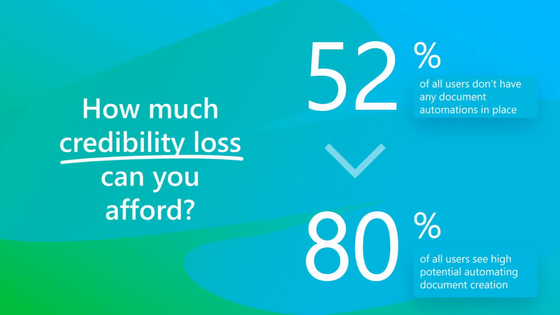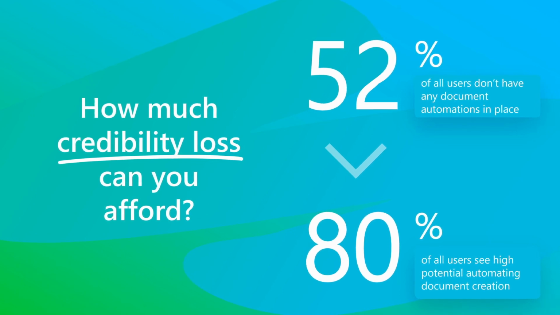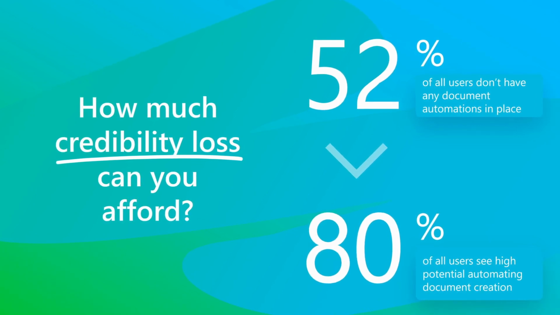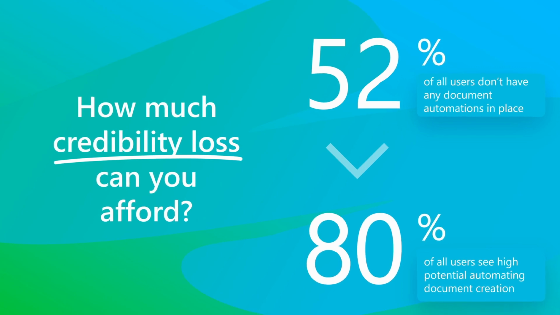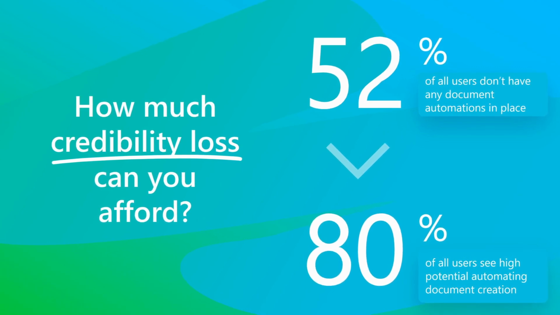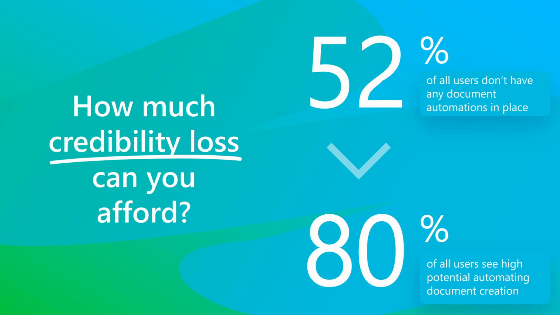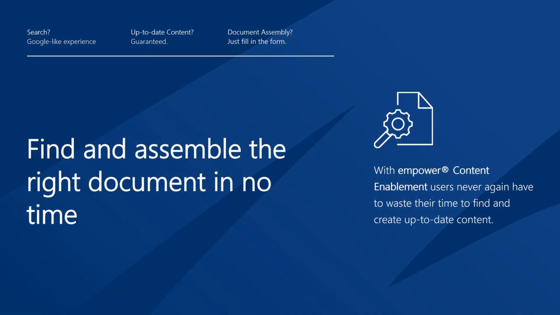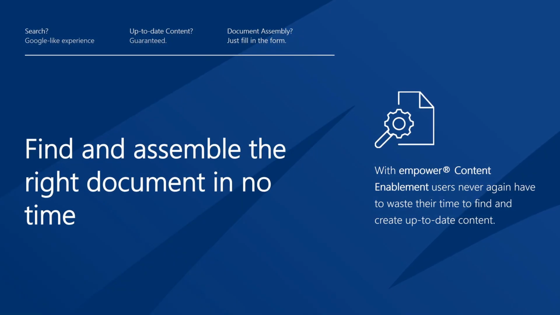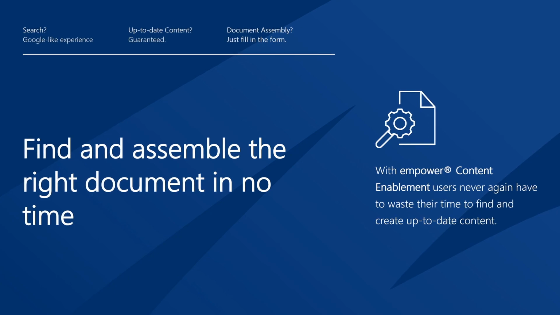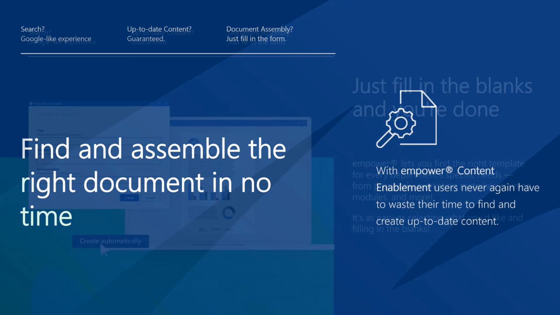This challenge can be solved by enabling users to create professional, complex documents quickly and easily. Users should never have to choose between document quality and their own efficiency. We achieve this by automating the document creation process for Office documents like PowerPoint presentations and Word documents.